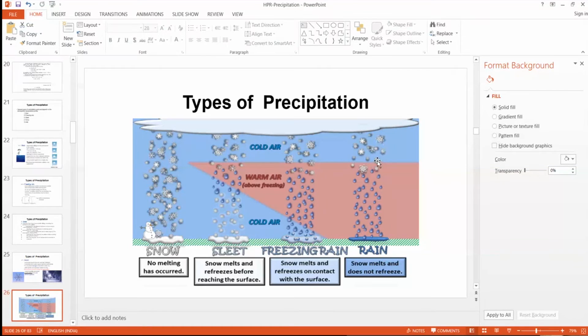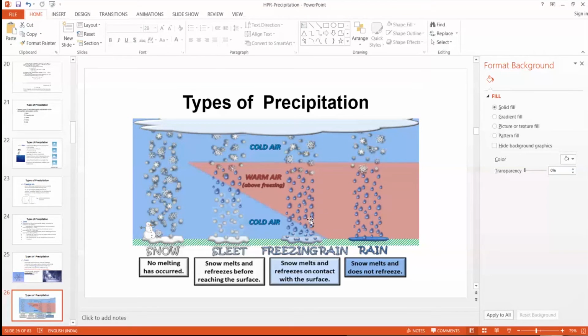But for most of the height, the temperature is above freezing. So you can see that initially the water vapor condenses into snow. When it is descending, due to the warm weather, it becomes rain droplets and reaches the surface.